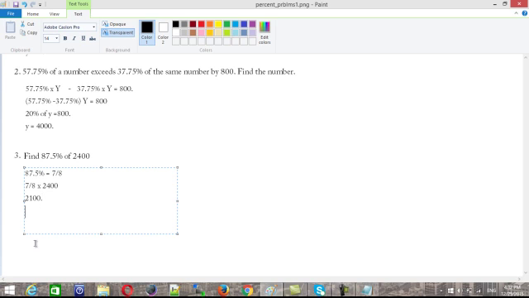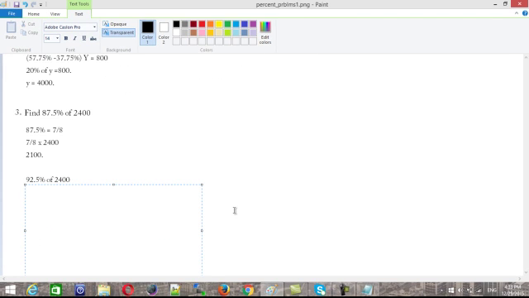But if you are asked a question like this, for example 92.5% of 2400, then what will we do? We know that there is no fraction which represents 92.5%. In that case, what we have to do is, we have to try to remember a value near to 92.5% which can be converted to a fraction.